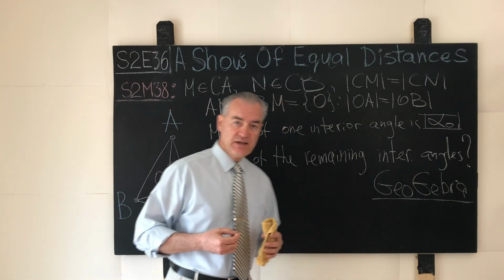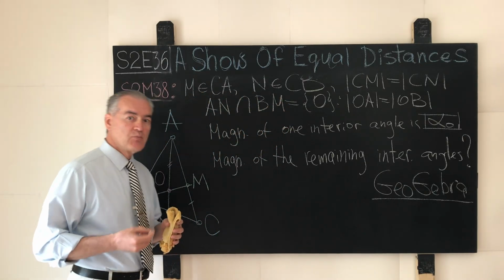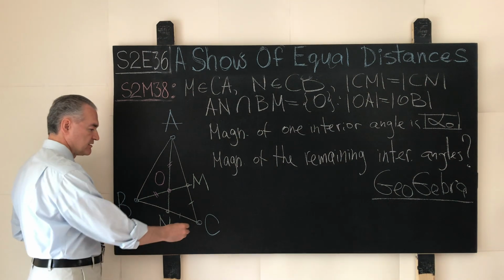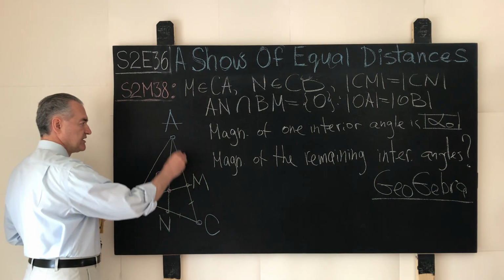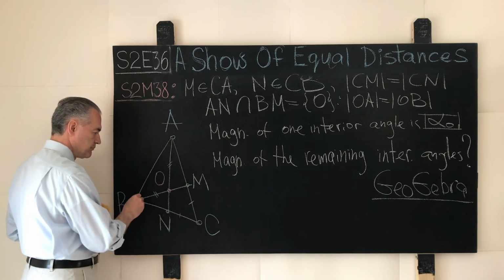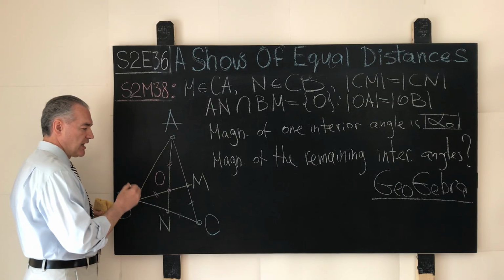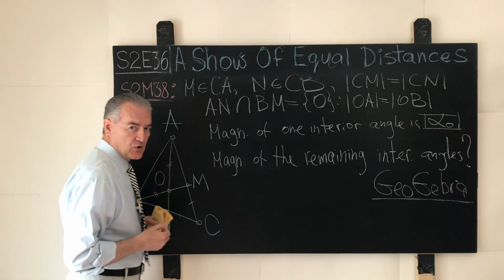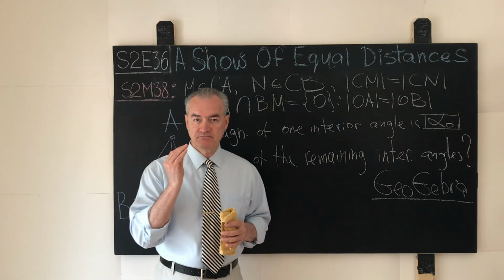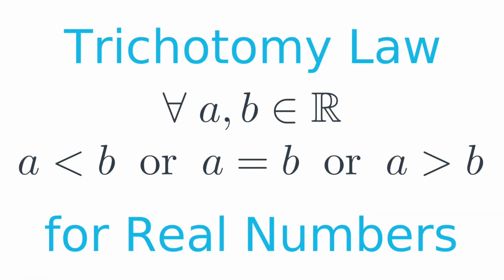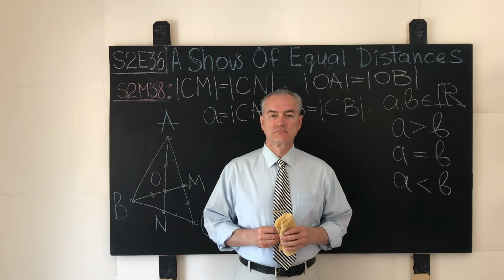And my idea here is to construct the elimination precisely on the lengths of the sides CA and CB of the parent triangle. And in order to do that, we will use the trichotomy law for real numbers. Exactly.